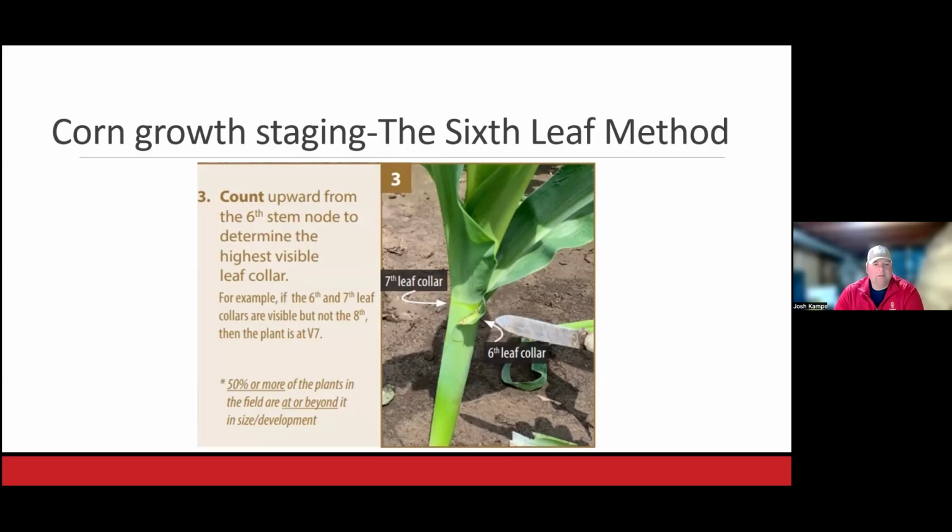So that'll give us the corn stage of that plant. And again, that little asterisk there: 50% or more of the plants in the field are at or beyond the size of that plant is what you want to try to measure. Okay, a little confusing, but hopefully, again, in person, we'll be able to explain this a little bit more.